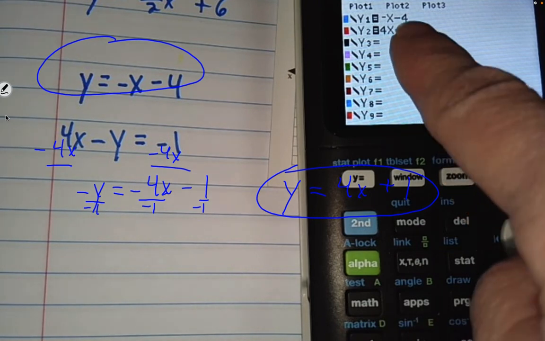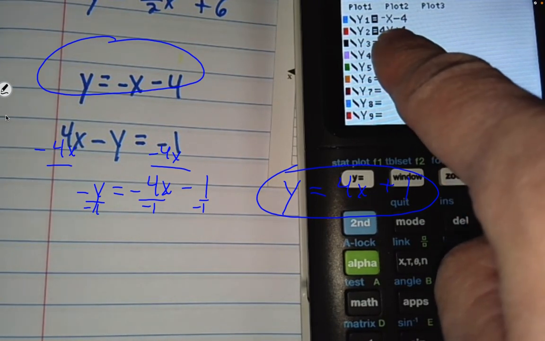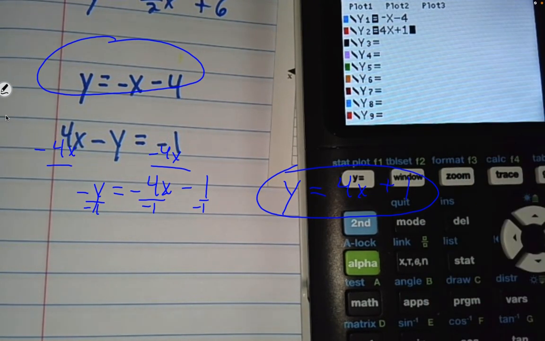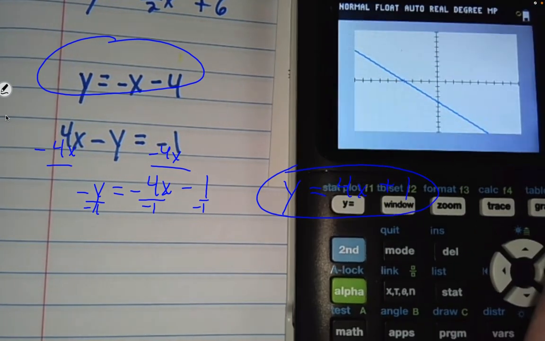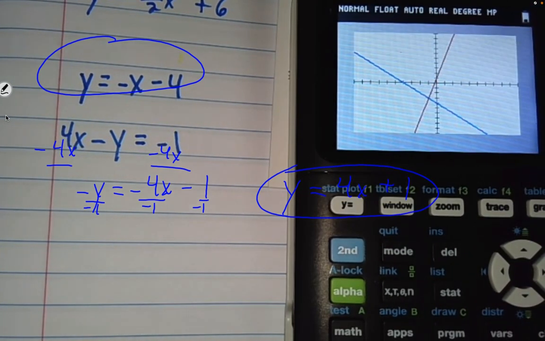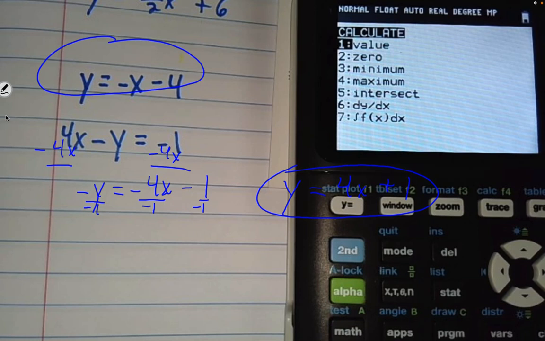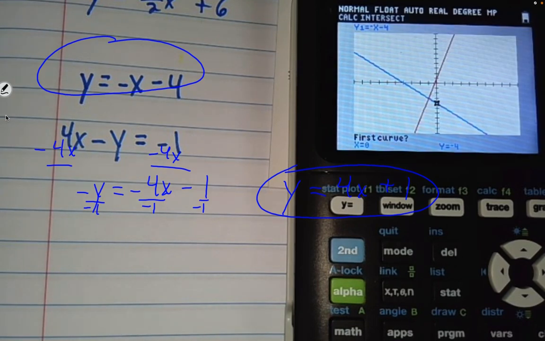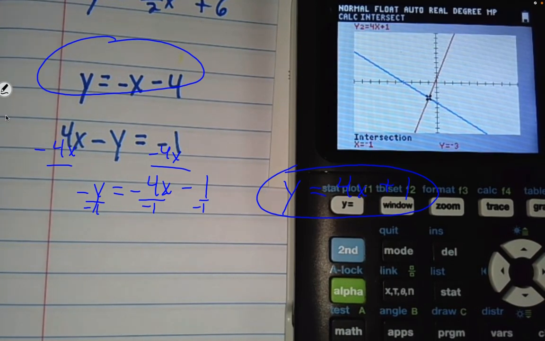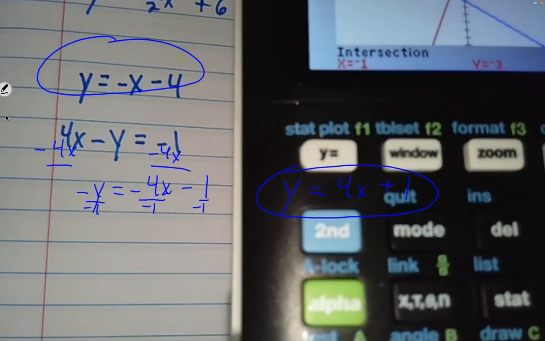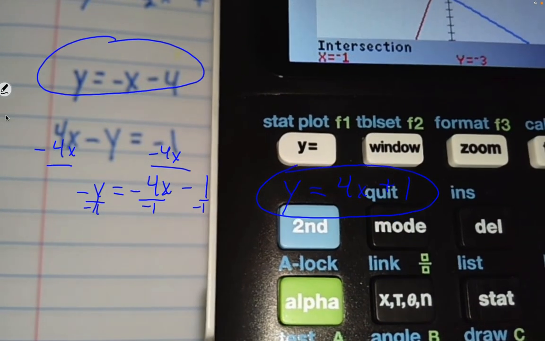And make sure that says negative x minus 4. Don't put a minus sign in front. Okay, when I graph it, there they are. So how do I find that answer? We press second trace number 5, enter, enter, enter. And my answer is negative 1, negative 3.